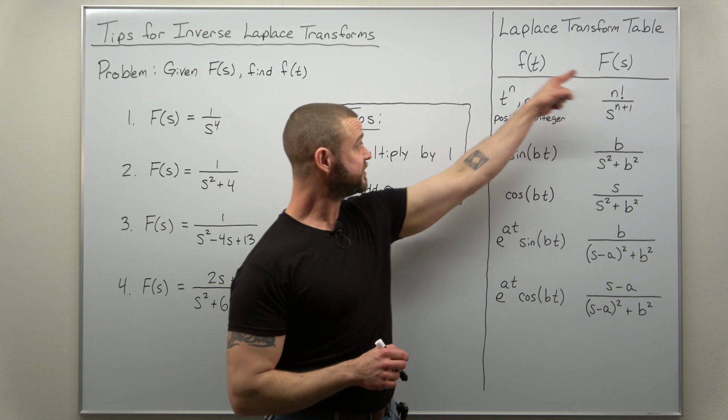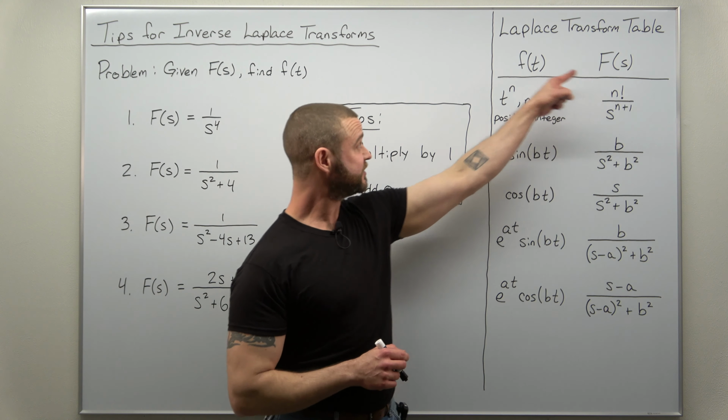Now, the two tips that we're going to address will help when you do the partial fraction decomposition. There are some constants, n factorial, b's, a's, that might be missing. And the two tips, multiplying by 1 and adding 0, will fix what to do if those constants are missing.